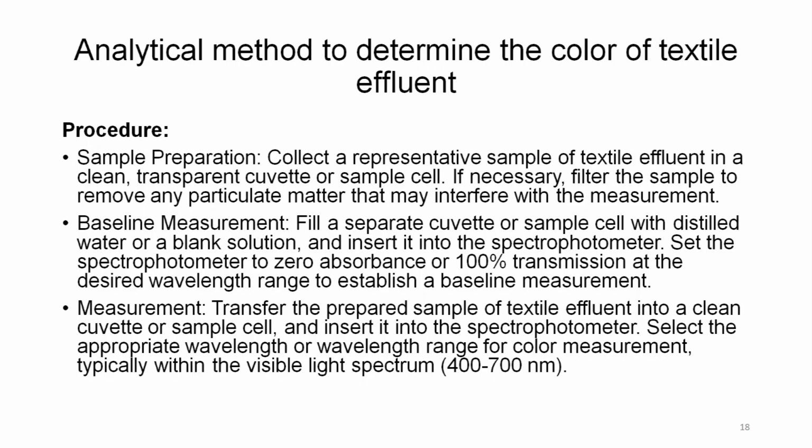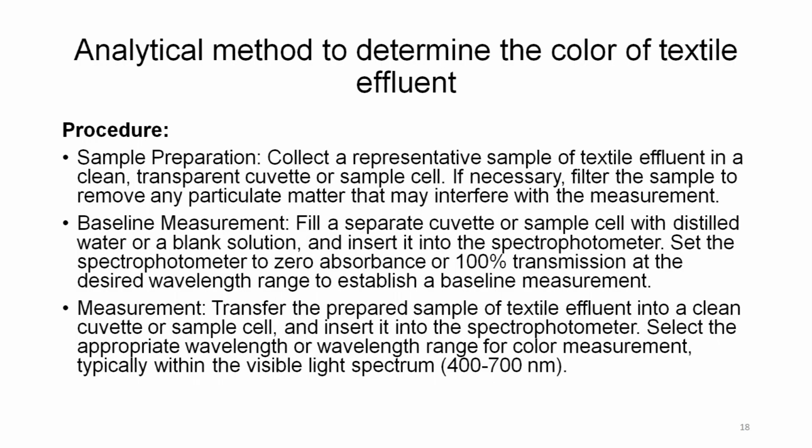Procedure. What is the procedure for color determination? Sample preparation. Collect a representative sample of textile effluent in a clean, transparent cuvette or sample cell. If necessary, filter the sample to remove any particulate matter that may interfere with the measurement.